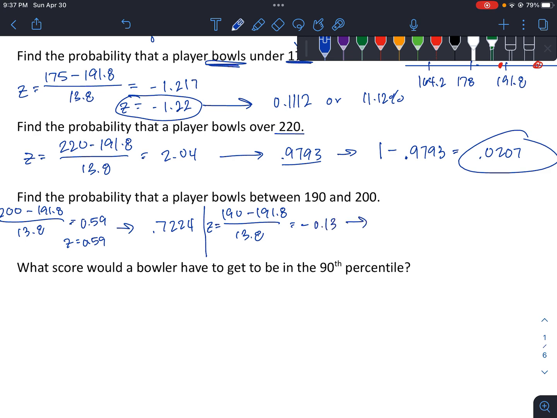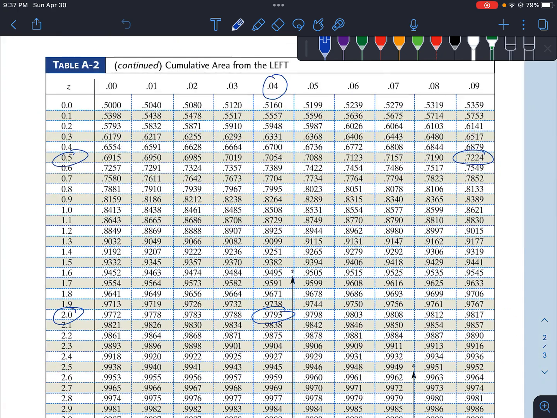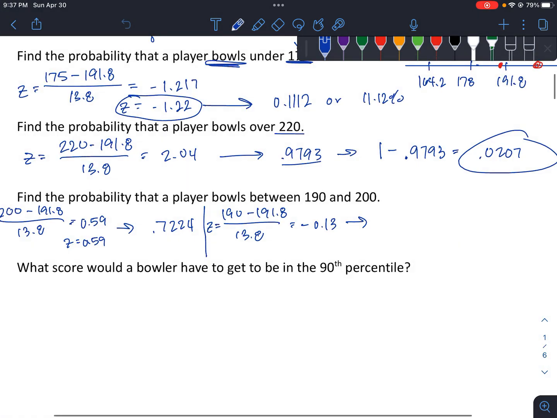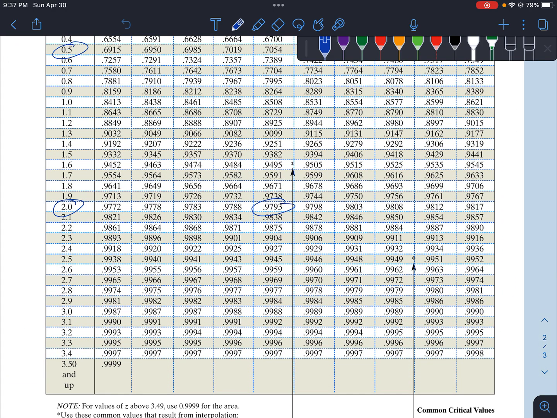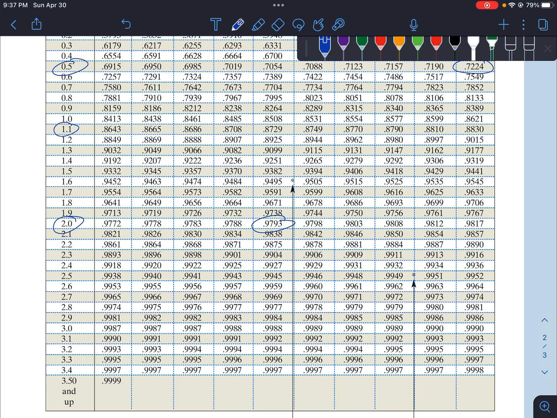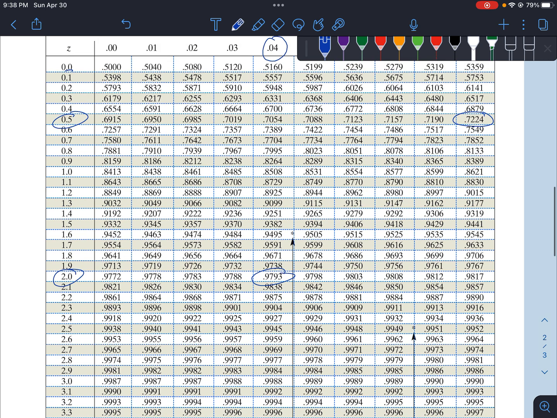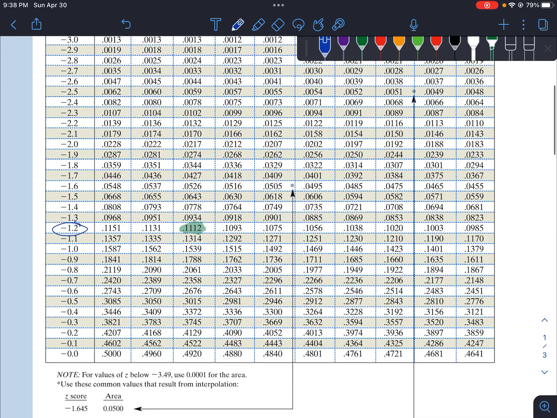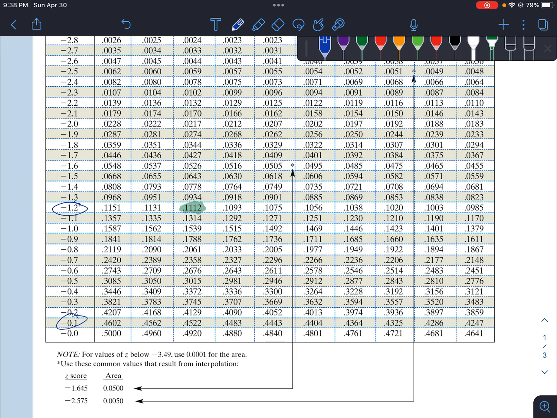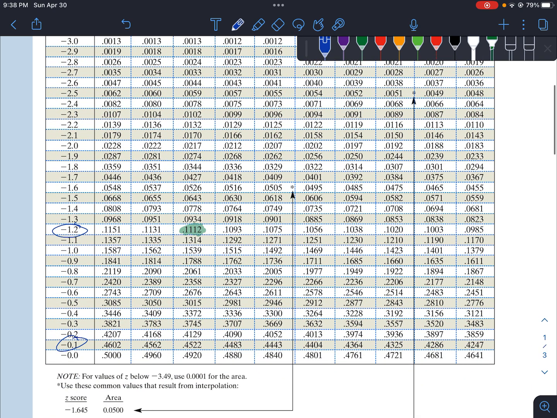Okay, so let's look up the area for that one. Sorry, I forgot, it's negative 0.13, so negative 0.1, and then 3, there we go.